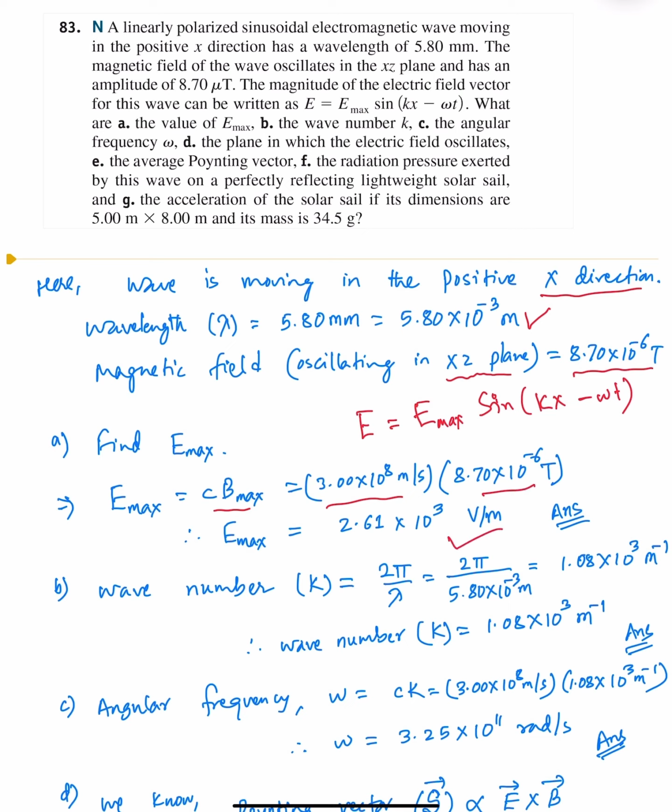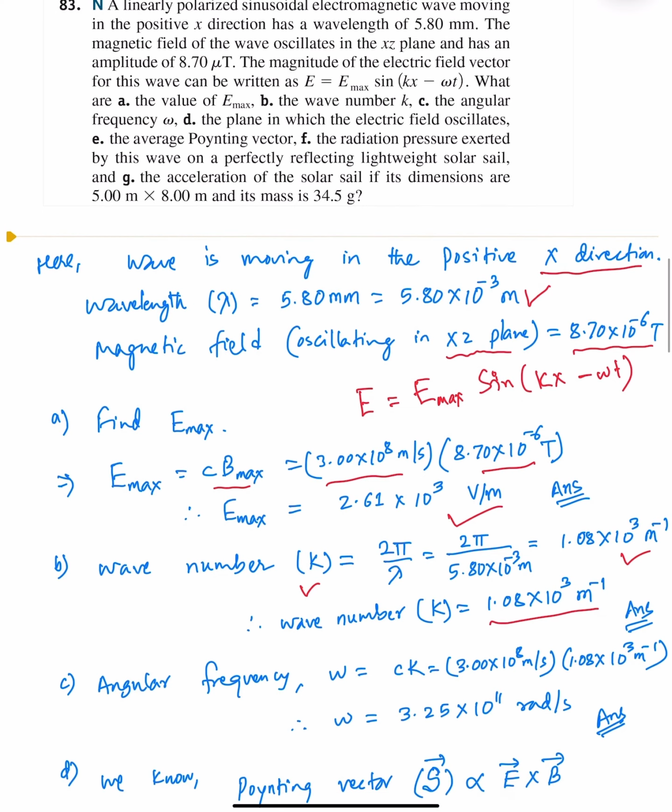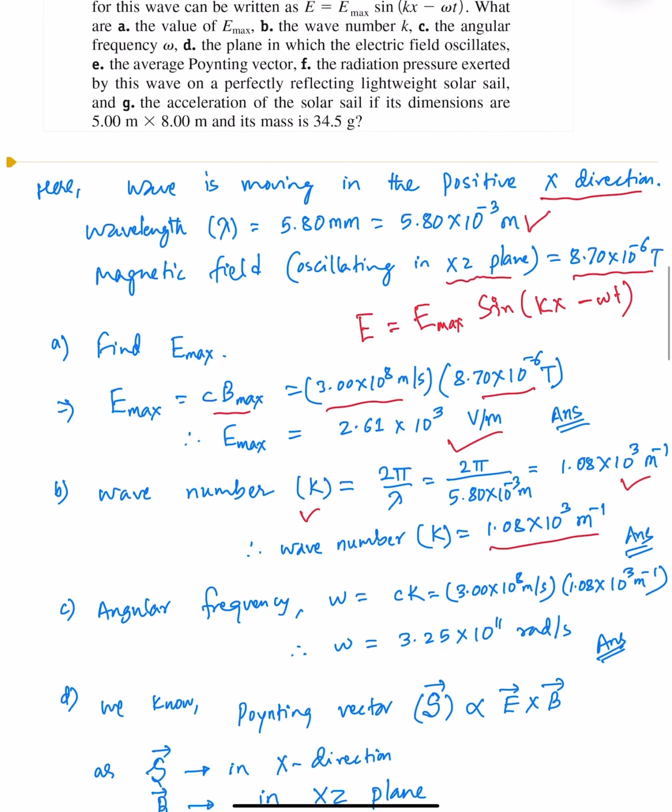For part B, the wave number k is 2 pi over the wavelength, which is this, so the wave number is this much. For part C, the angular frequency omega is ck.